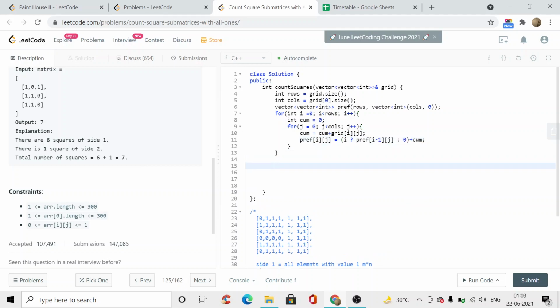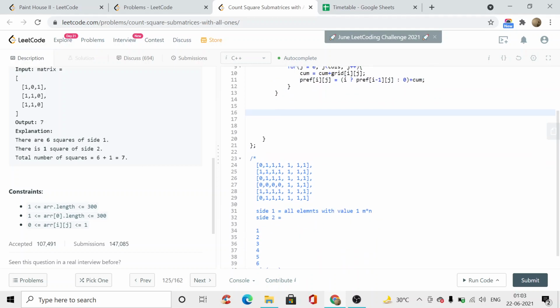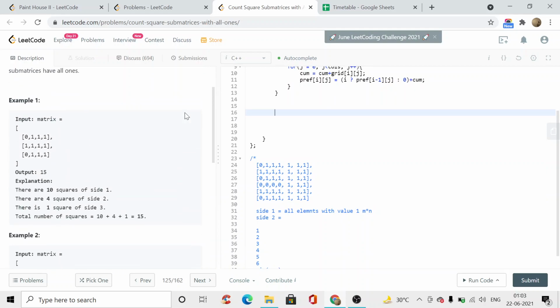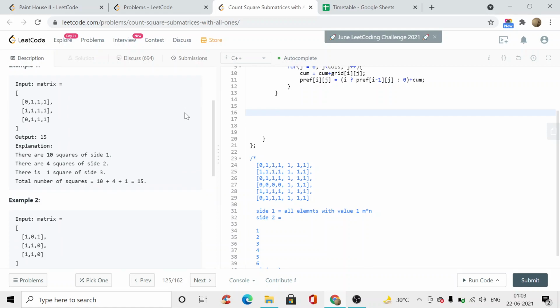This goes well. Now we get a prefix. Now how to find what is... now how are we going to traverse?